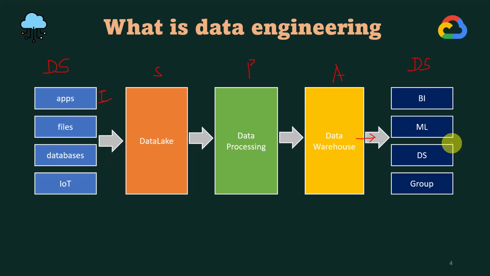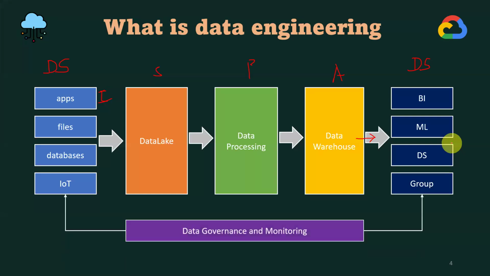And during this, we also ensure that the data is validated properly, monitored properly, and is accurate and complete throughout the system. For that, we have one more important step that comes under data governance and monitoring, where we take care of data quality as well as accuracy and completeness.